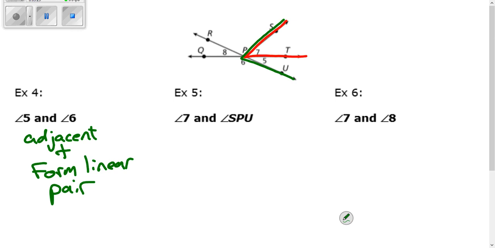However, they're not side by side. They're overlapping. So these are actually not adjacent. They are non-adjacent. They are not side by side, even though they share a side. So sharing a side does not automatically mean adjacent. As we can see here, they share a side, but they overlap rather than being side by side. So non-adjacent.